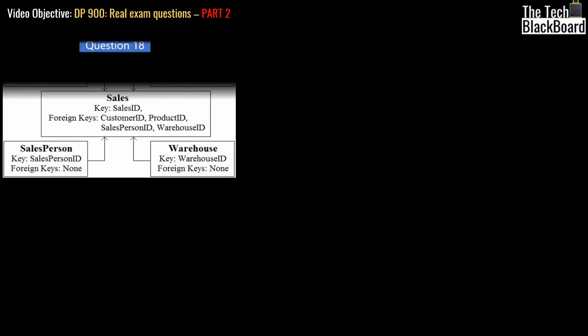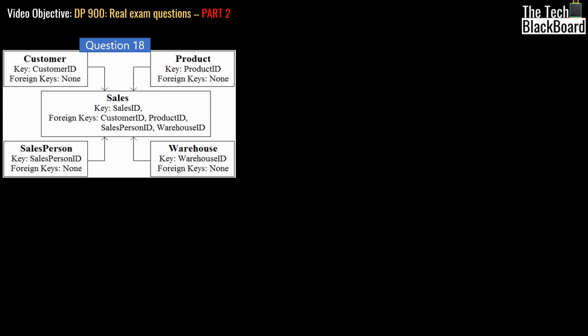Let's move to our question number 18. Question number 18 gives you a representation of a database design model. In the previous videos, we have talked a lot about relational databases and questions related to them.